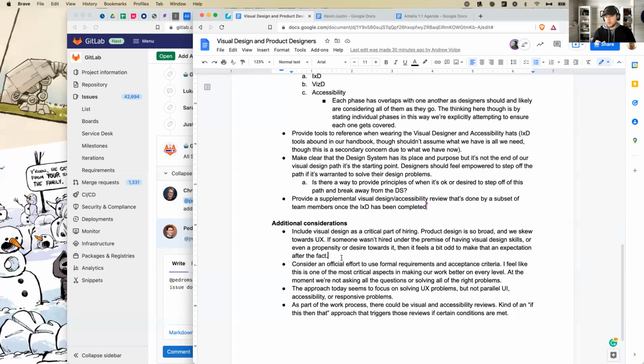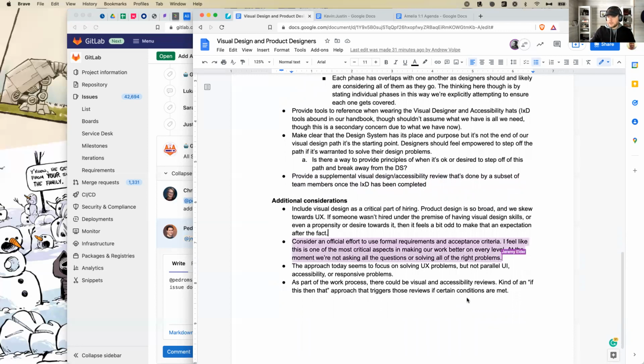And so to make that expectation after the fact, there could be a challenge. So I feel like we should have some sort of a process in place that has an awareness of that, so that there's no bait and switch where you were hired for one skill and then you're being asked to really focus on another, where we can effectively complement it and balance that out. Yeah. And that makes sense.